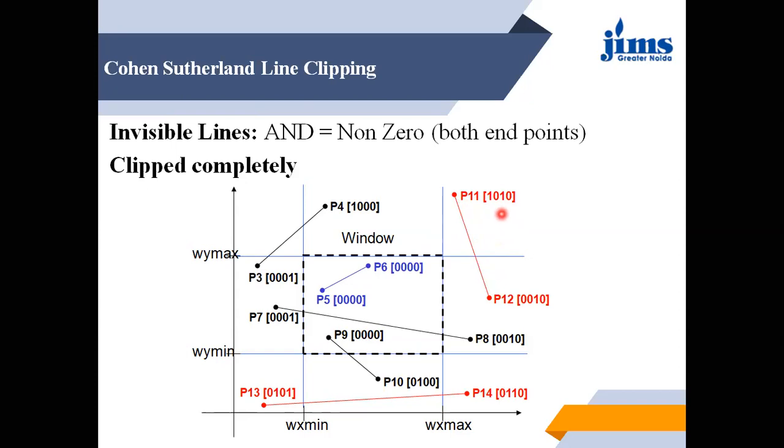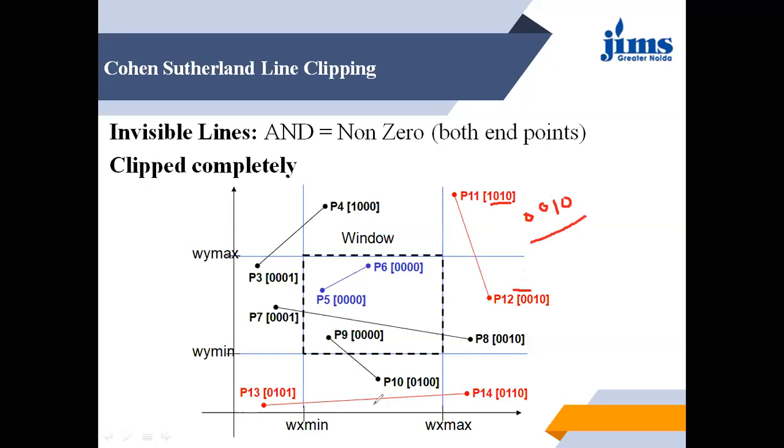And the region code for P12 is 0010. When we perform the AND operation between the region codes of P11 and P12, the value is 0010. So the value is non-zero. It means this is completely outside.